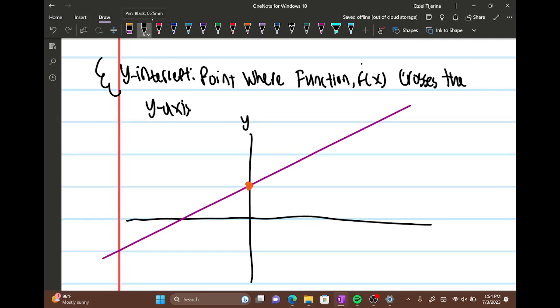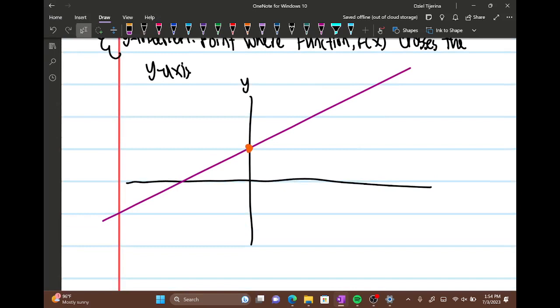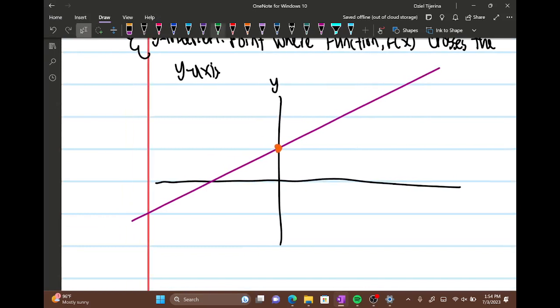But what does that mean in terms of the equation? Well, this point is actually defined as 0, comma, b.